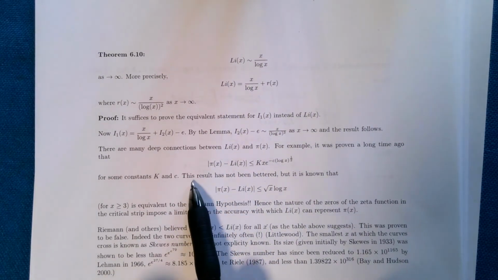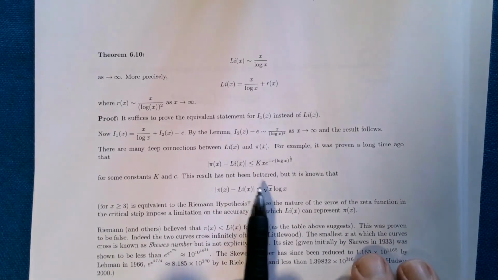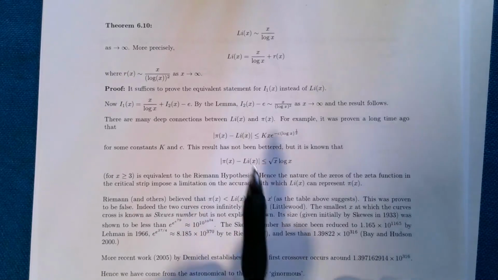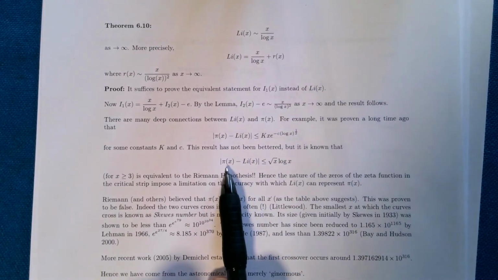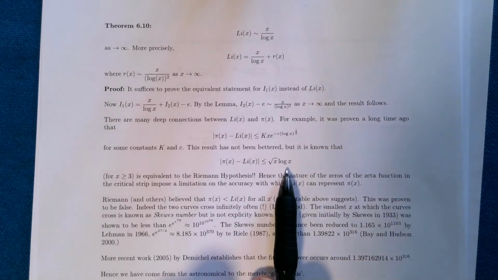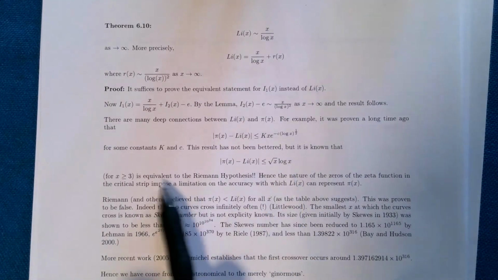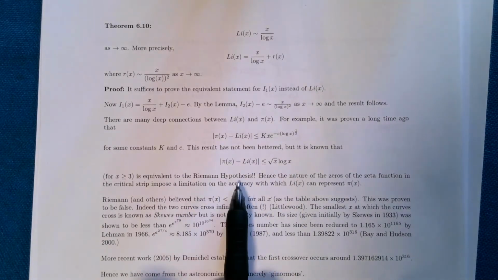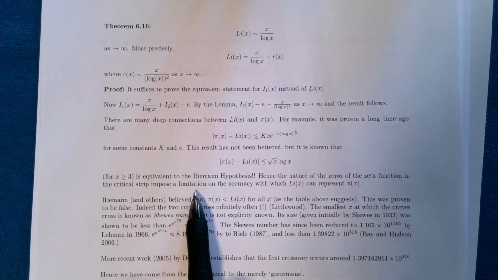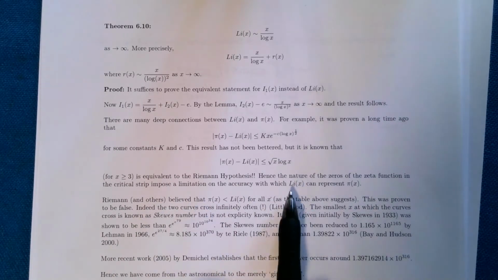This result has not been bettered, but it is known that the statement that pi x minus Li x is O of root x log x is equivalent, in fact, to the Riemann hypothesis. So the nature of the zeros of the zeta function in the critical strip impose some sort of limitation on the accuracy with which Li(x) can represent pi of x.